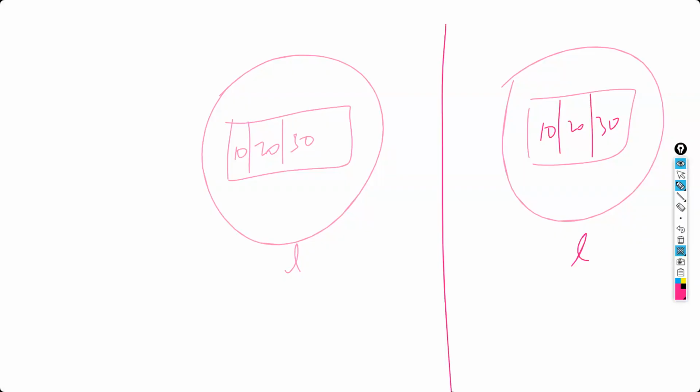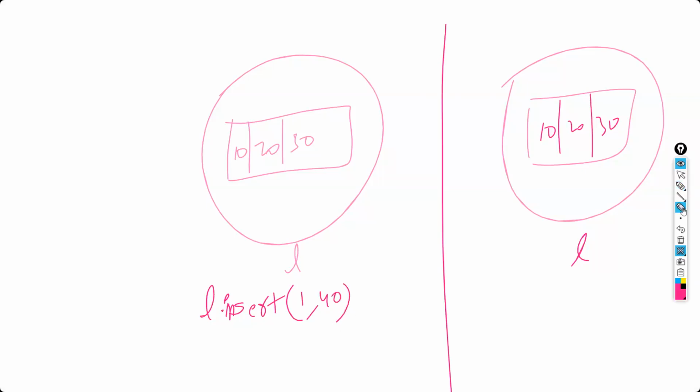Now, I want to replace 20 with 200, and I want to fill in 40 between 10 and 20. These are the two questions. Now, here I'm going to write list dot insert of 40. Where I want to insert 40 means in index position 1, I want to insert 40.